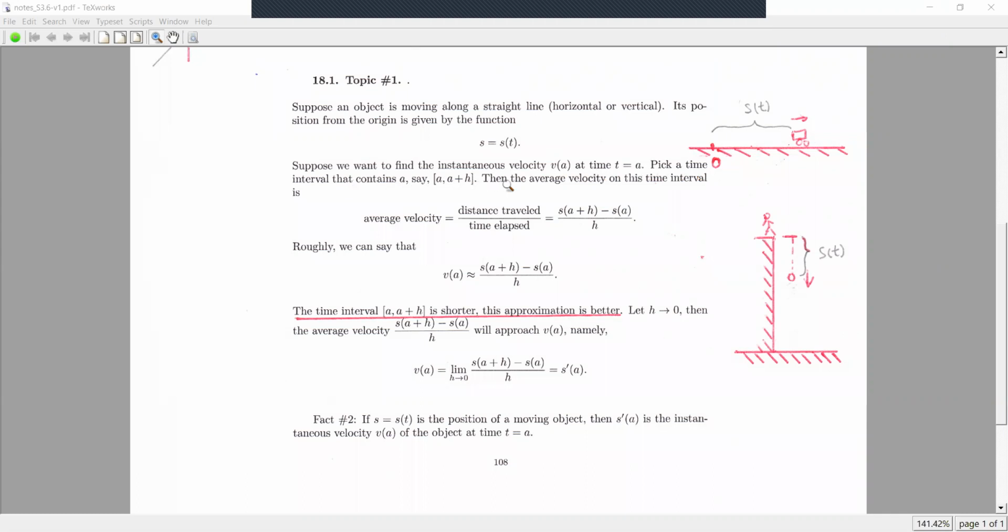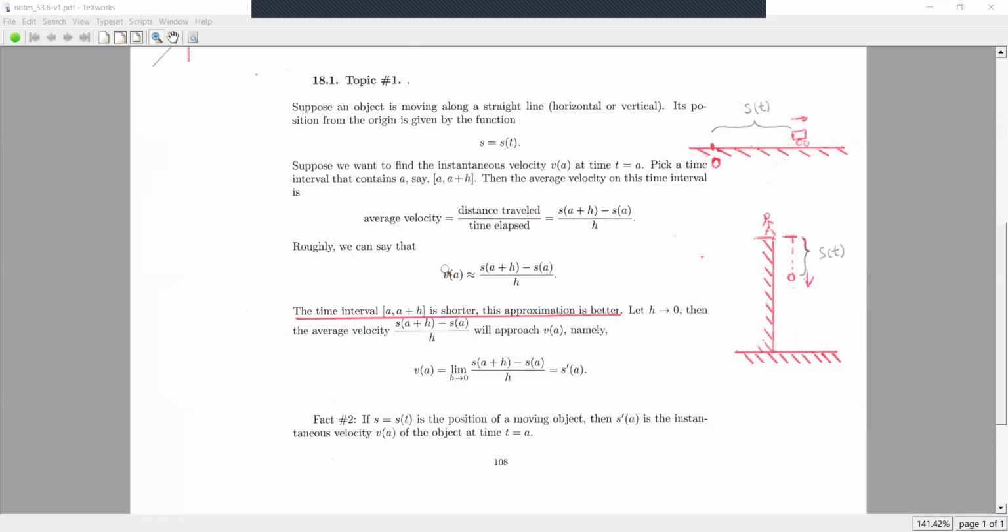Then, by formula, the average velocity on this time interval is the position of the object at the time a plus h minus the position of the object at the time a. This distance is the distance traveled by the object on this time interval. Then over time elapsed, from a to a plus h, time elapsed is h.